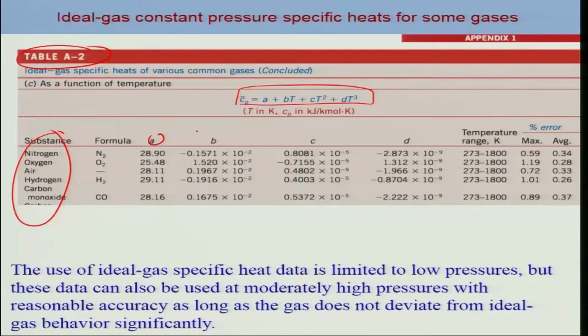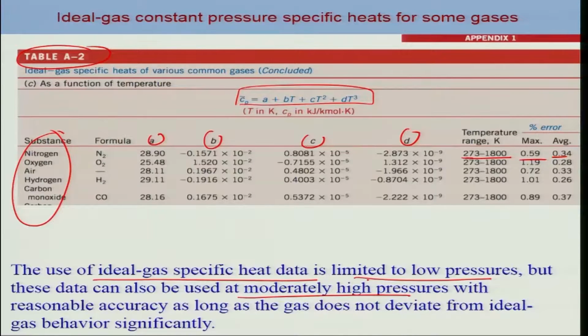These are the values A, B, C, D, and this is the temperature range where this particular fit to the real data is valid within a certain error. The average error is around 0.34%, which is really not bad, very good in fact. The use of ideal gas specific heat data as an approximation is limited only to low pressure. So you cannot make use of it at high pressure, remember that. But you can still make use of it at moderate pressures. Of course, you can ask what the range for moderate pressure is, but this depends on different gases.